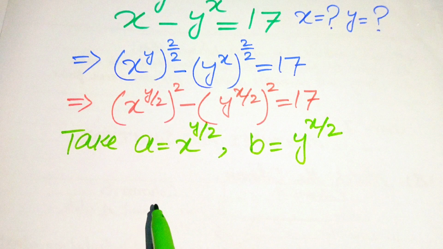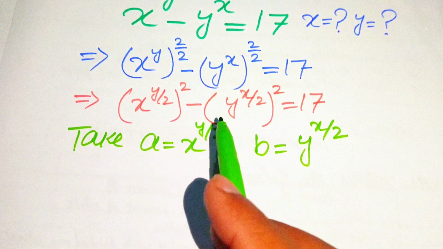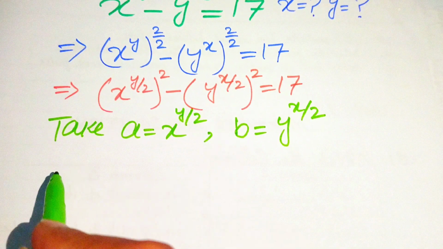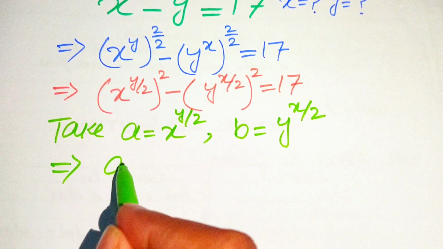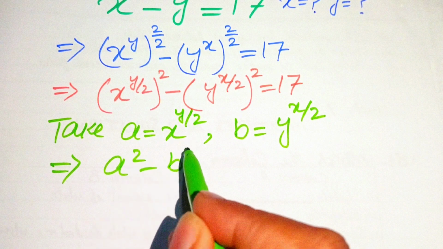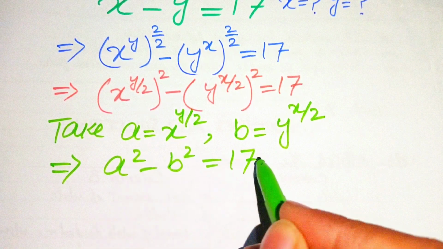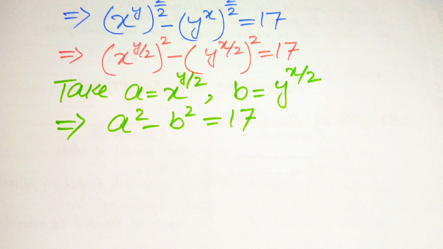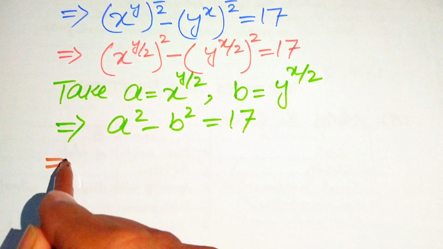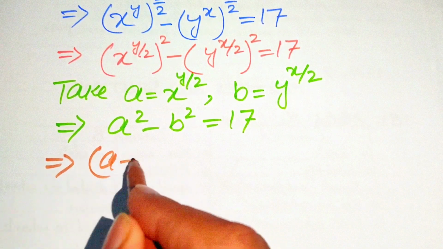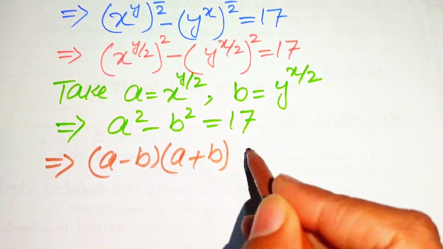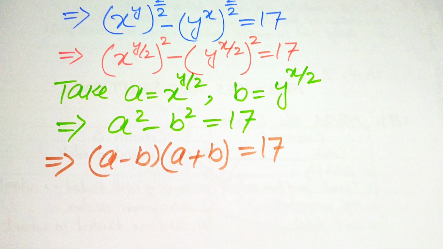When you make these two substitutions in the above equation, it will be written in this form: a square minus b square equals 17. And now here we use the famous identity. You know about this identity. When we open this formula, you will get a minus b times a plus b equals 17.